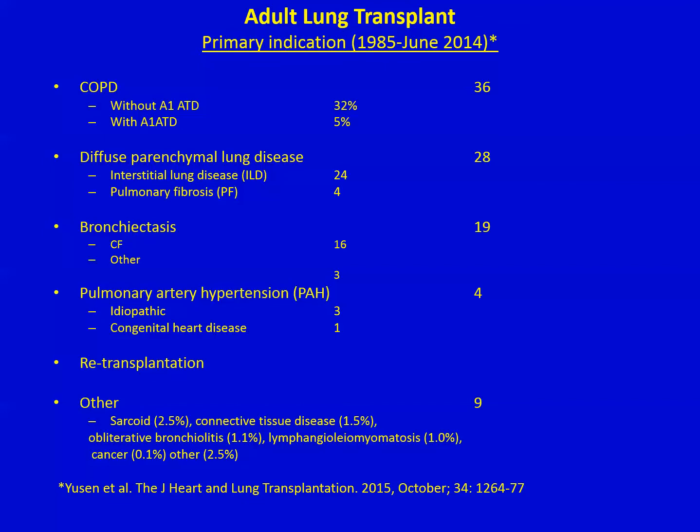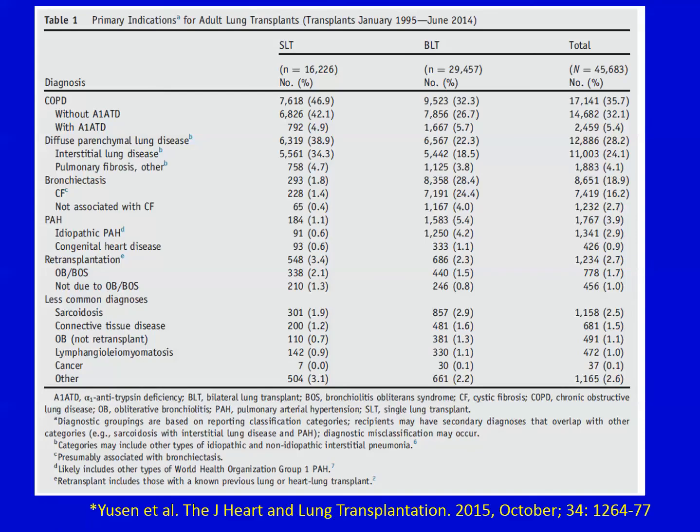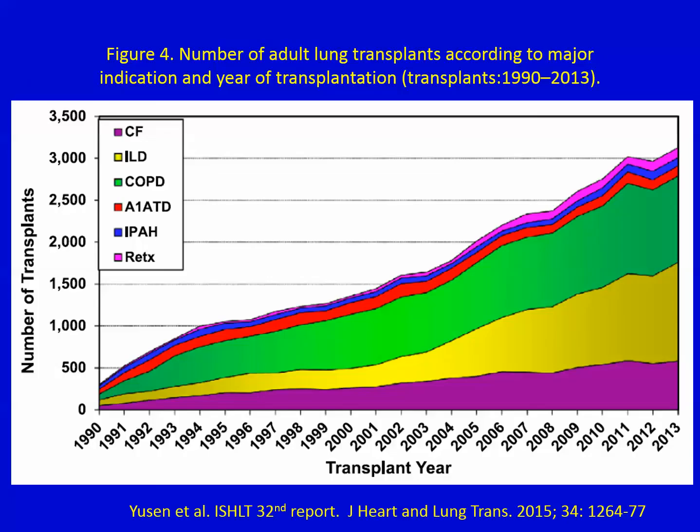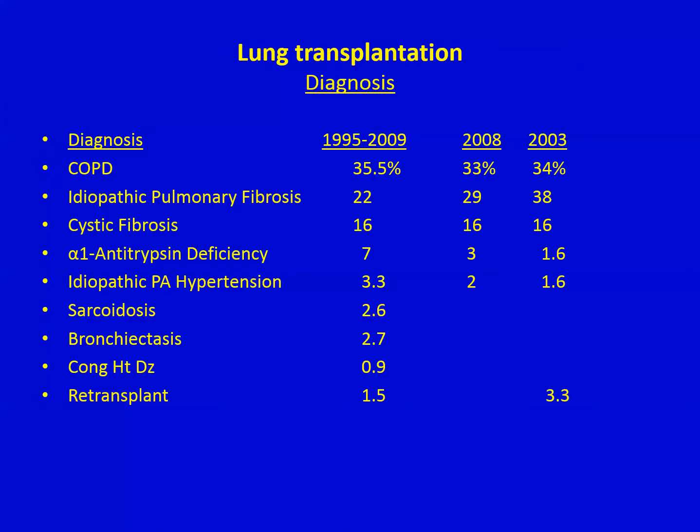About 10% are for other reasons as listed on this slide. This gives a detailed breakdown of the indications for single and bilateral lung transplantation in the past 20 years. And this graphically displays the indications for lung transplantation over this same period of time.